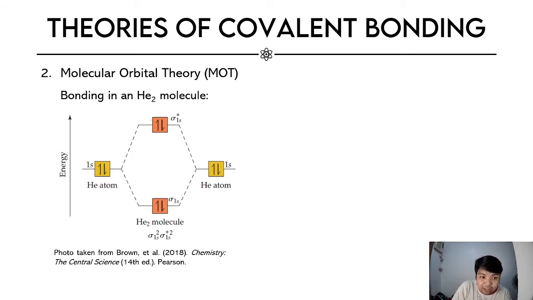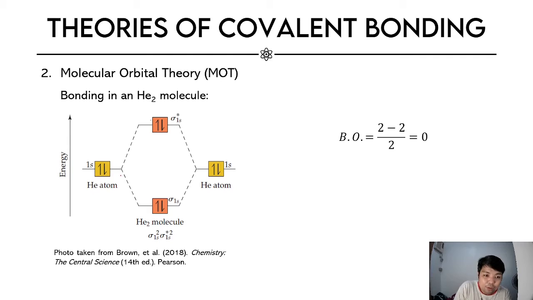What is done next is the electrons in the valence atomic orbitals are distributed among the molecular orbitals. Following the Aufbau principle, this one is filled first, followed by this one, until all the valence electrons are placed. Then we'll calculate the bond order.